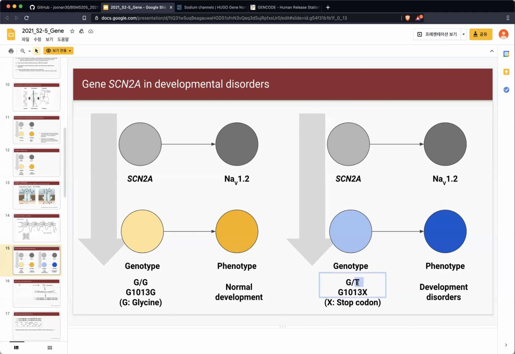So think about the situation. When you have the T allele in this position, you're going to have the developmental disorder, so this is the obvious phenotype. We could say that this T allele is dominant to the G allele.